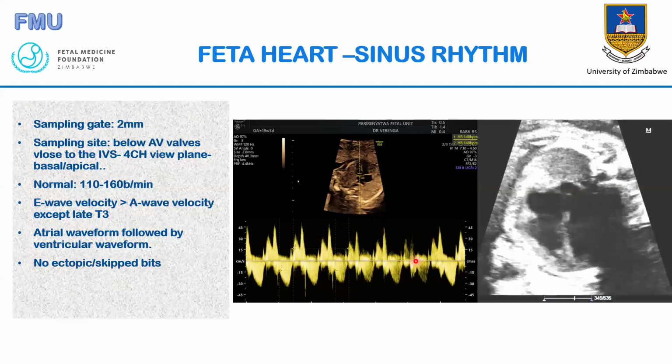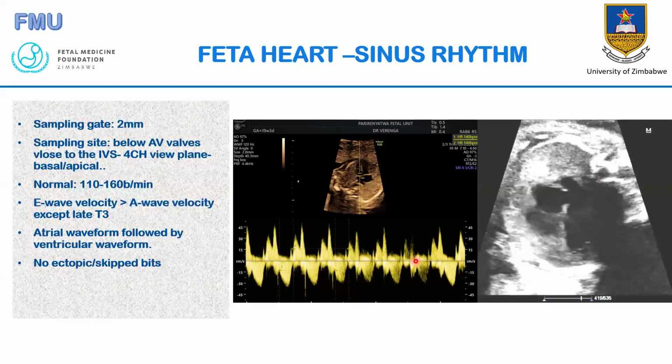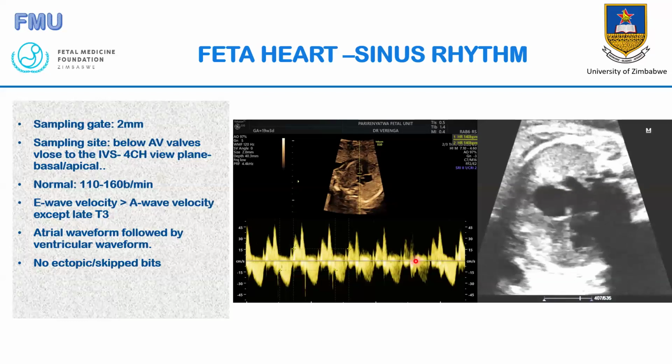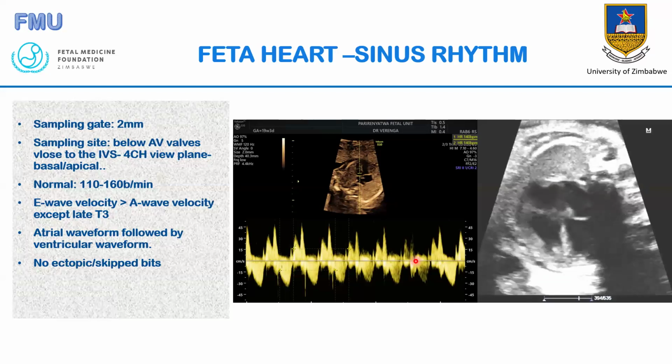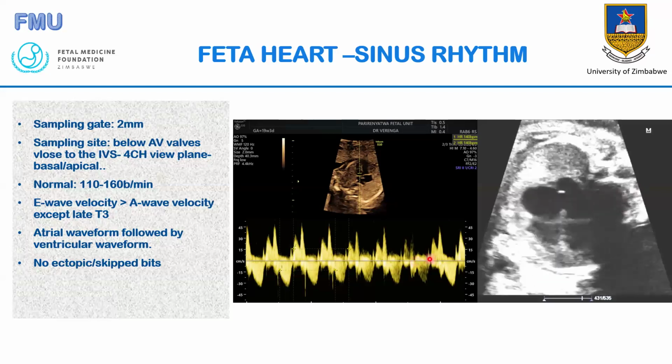The heart rate, I think we are all aware that it varies between 110 to 160. But the natural trend of the heart rate is that it is very high in early pregnancy and trends towards lower values towards term. So it is normal to see a 41-weeker having a heart rate of 112.